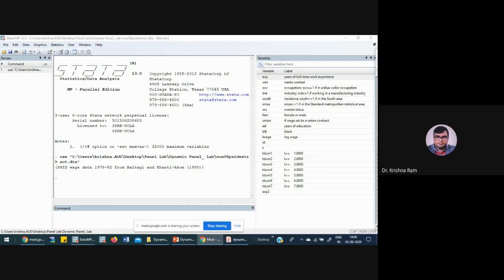So let's do that. First, how to generate the lag of a variable and the difference of a variable.